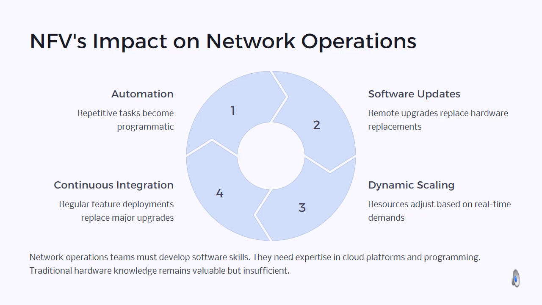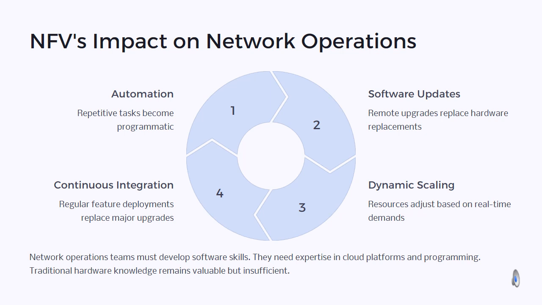NFV is not just about cost savings, it fundamentally transforms how networks operate. It brings automation. Manual network configuration tasks are replaced with automated, software-driven processes. Remote software updates. Instead of replacing physical hardware, updates can be done remotely through software patches. Dynamic scaling.